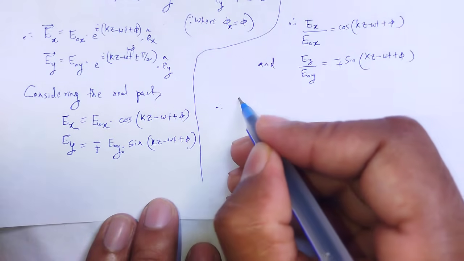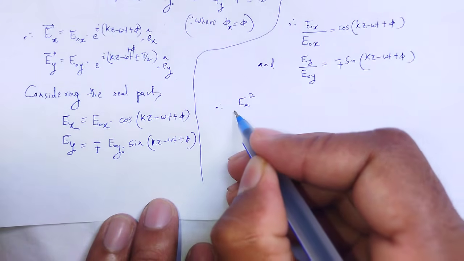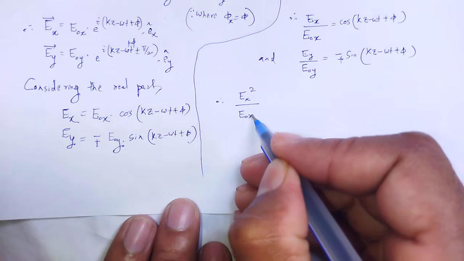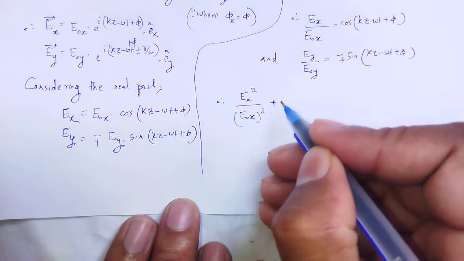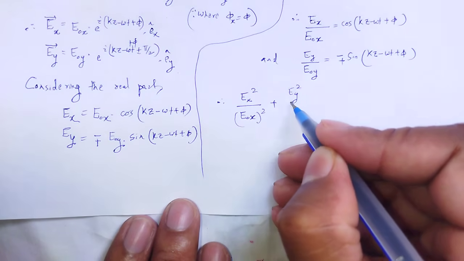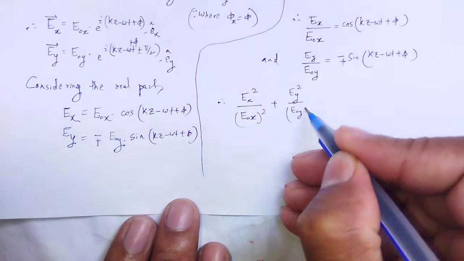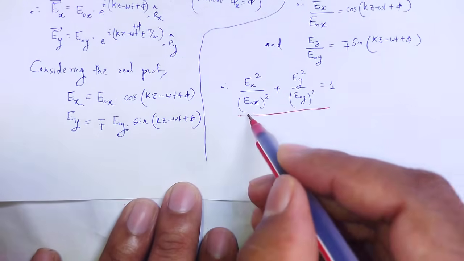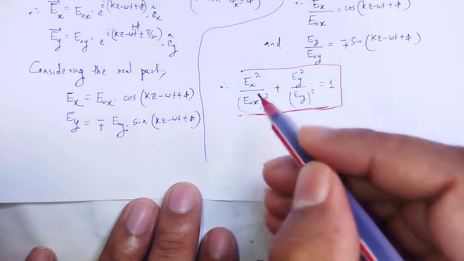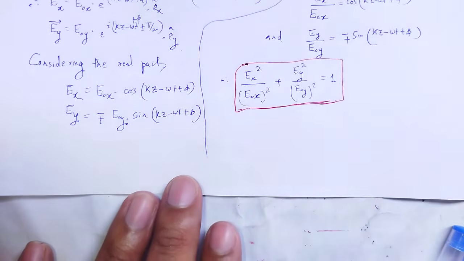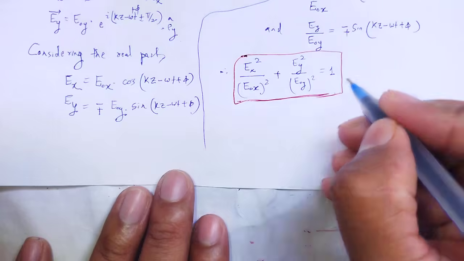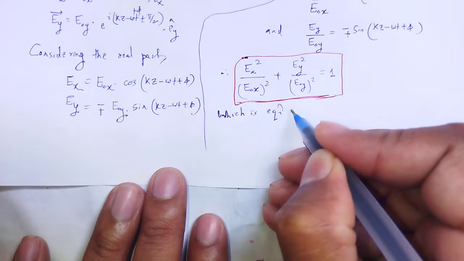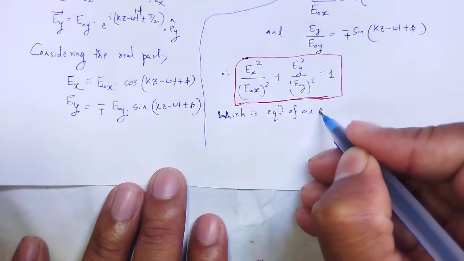Therefore, squaring these two equations and adding, Ex square divided by Eox square plus Ey square divided by Eoy square is equal to 1. This is the equation of an ellipse.